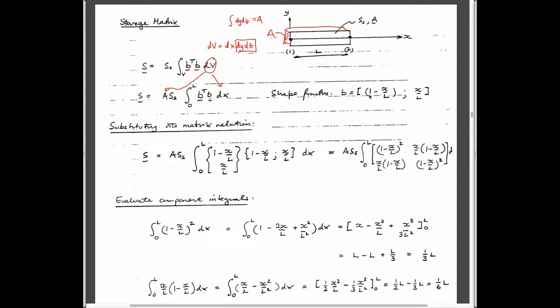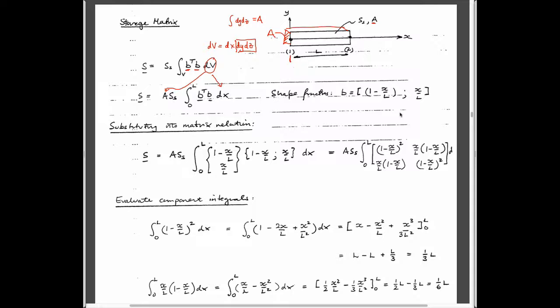We have to choose some shape functions. We know that our requirements are 1 at the node in question, and 0 elsewhere. And so if we use these, 1 minus x over L and x over L, we can quickly check whether they're good enough for us. So if we choose, for instance, node number 1, we use x equals 0, this magnitude will be equal to 1.